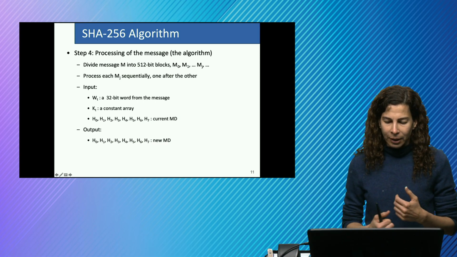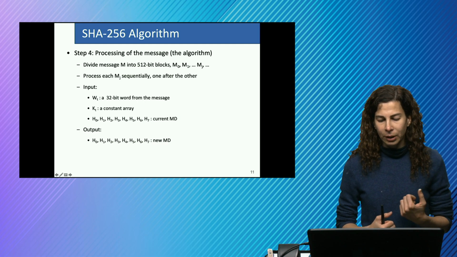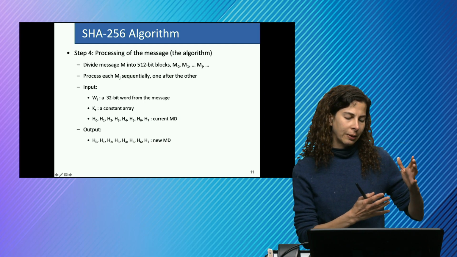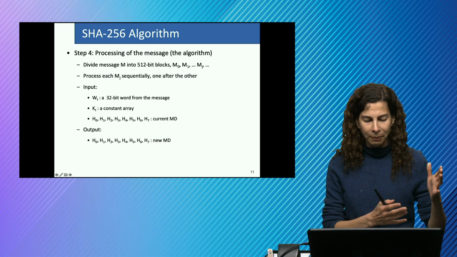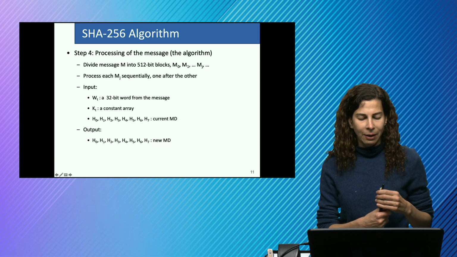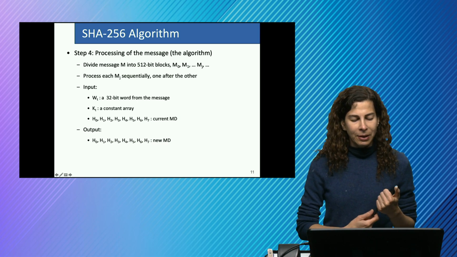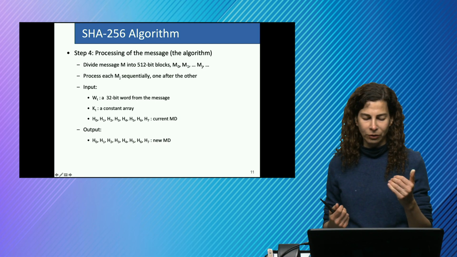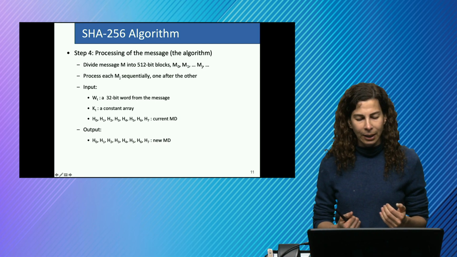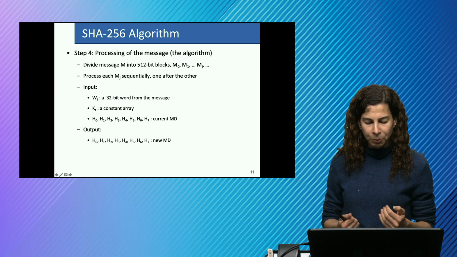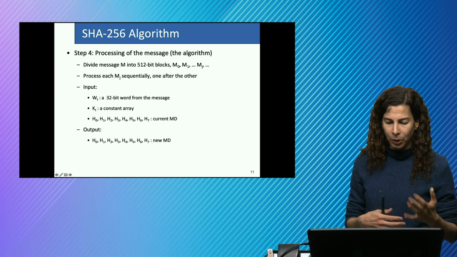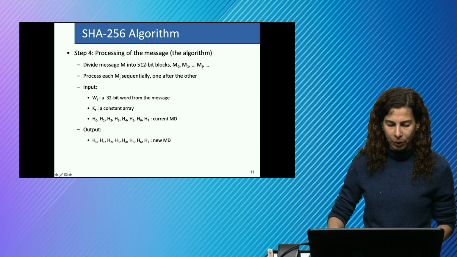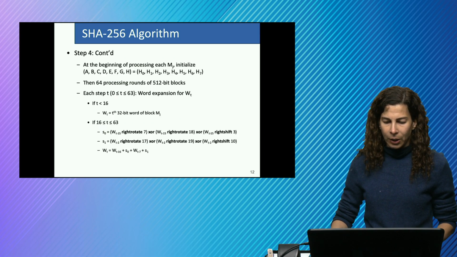So in short, the input is the 32-bit word from the message, and then we have a constant array, and then we have the current message digest, and the output is going to be a new message digest.